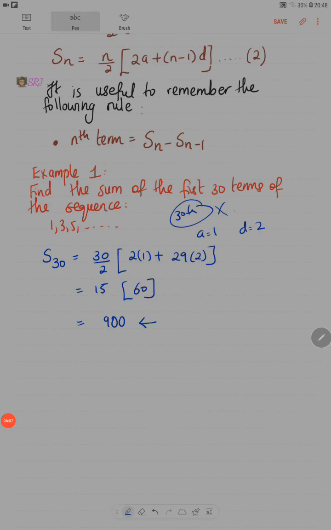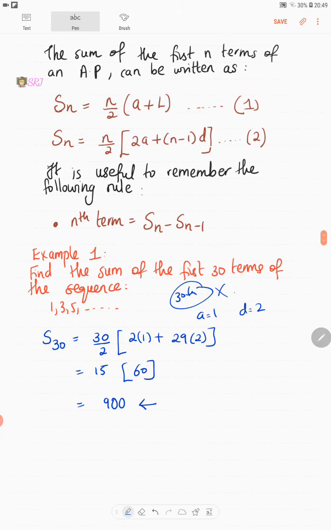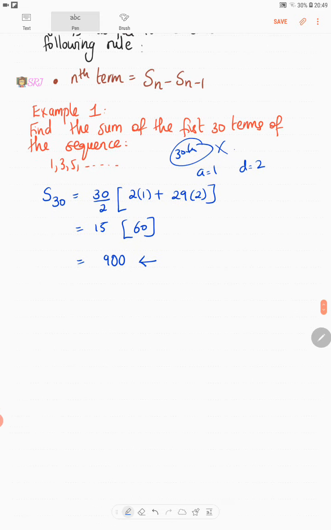Very easy. Now, if we want to use the other formula, that is n over 2 into a plus l, we have to find the last term. The last term is the 30th term. So we can find this term, that is u30.